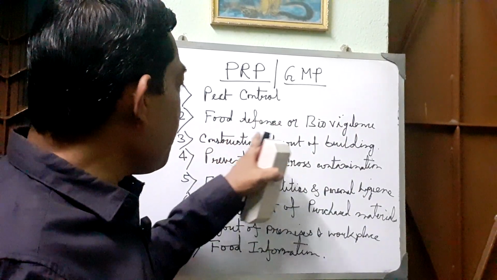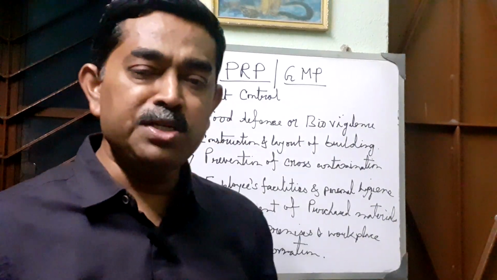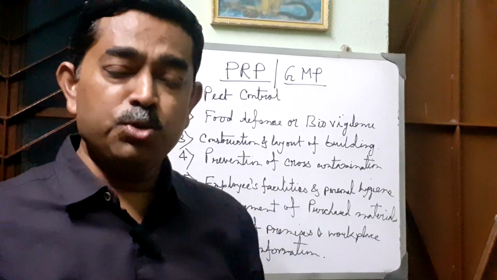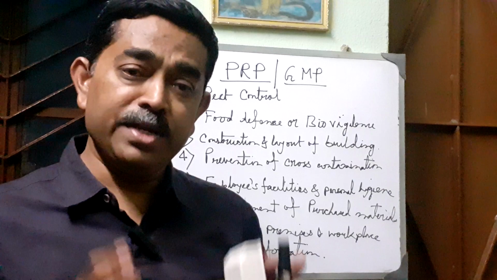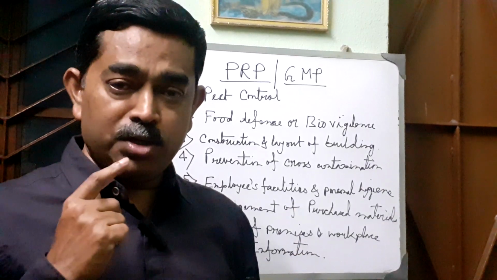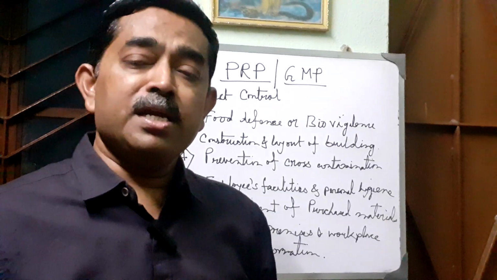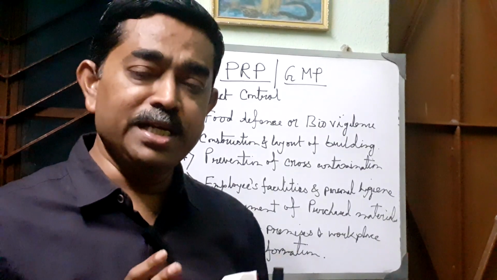And now the second point is food defense and biovigilance. Food defense means, as I have already told, prevention of food adulteration. It is very important in the interest of the customer or consumer, so we have to control this very strictly.